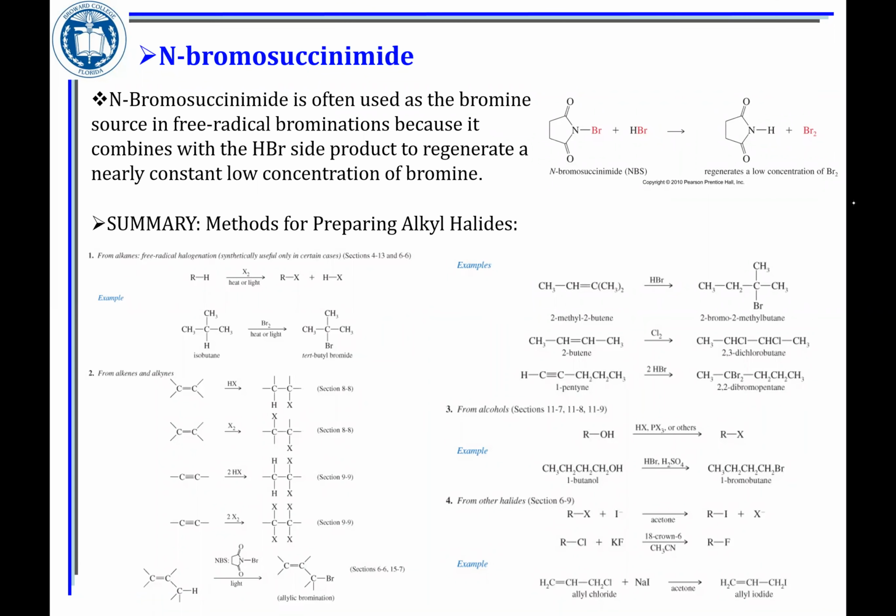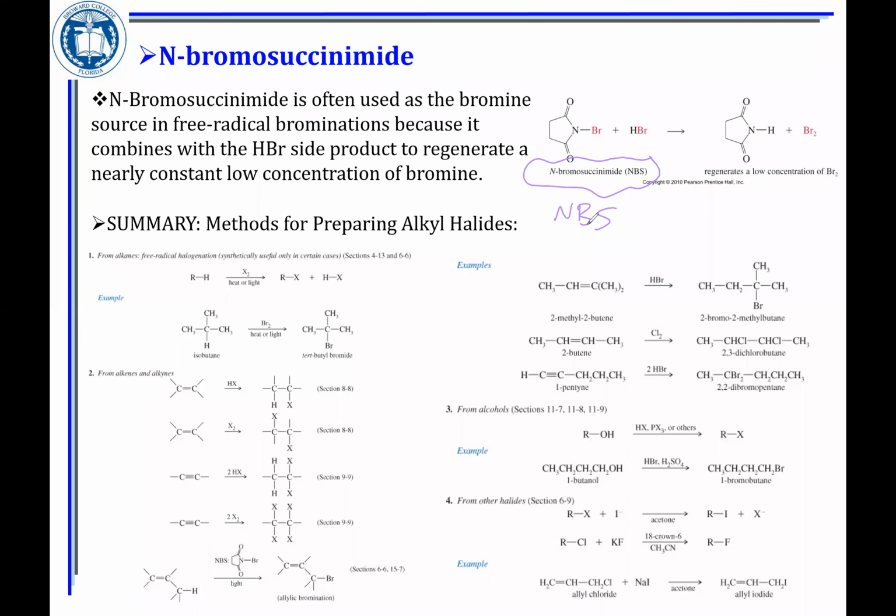How would you prepare alkyl halide? N-bromosuccinimide, this reagent, if we have talked about it before, fine. If not, if you hear this for the first time, it is abbreviated as NBS. This reagent is specific for allylic bromination.